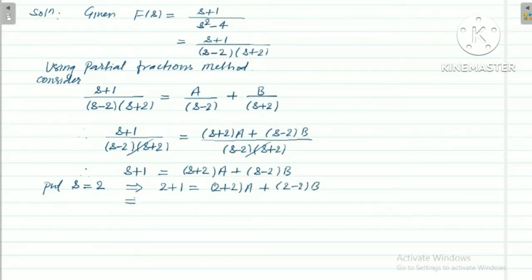So this implies 3, since 2 plus 1 is 3, equals 4a plus 2 minus 2, which will be 0. So from this you will get a equal to 3 by 4.